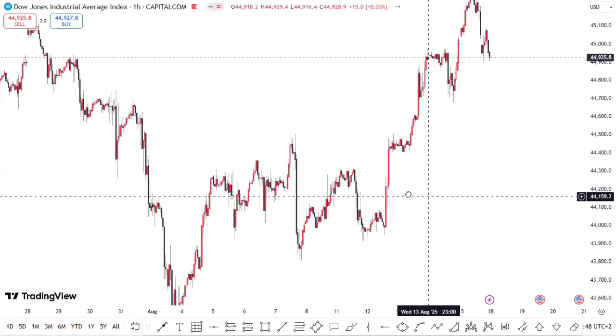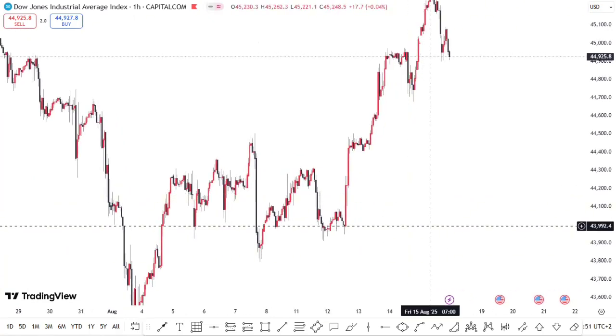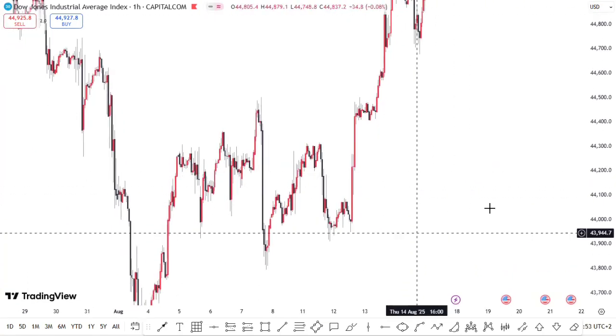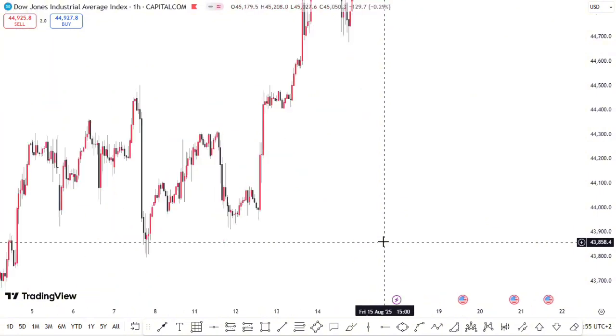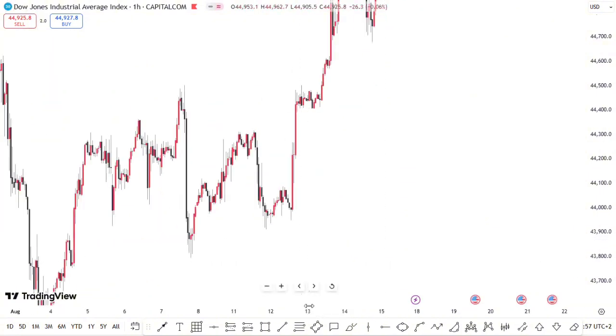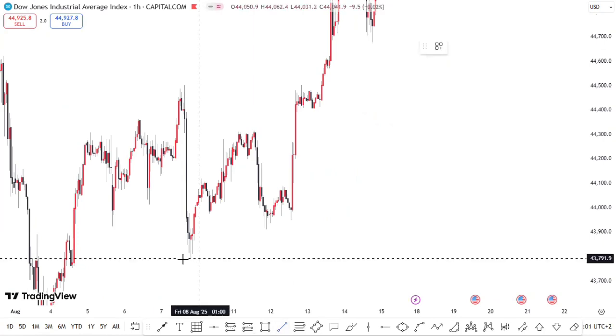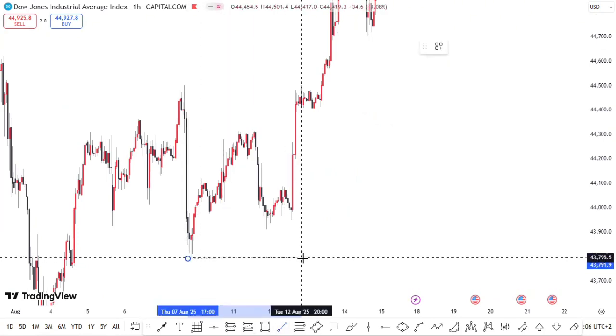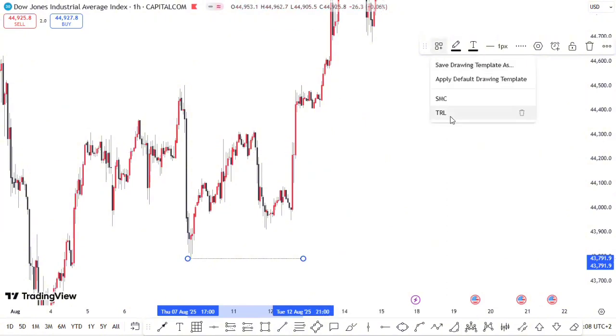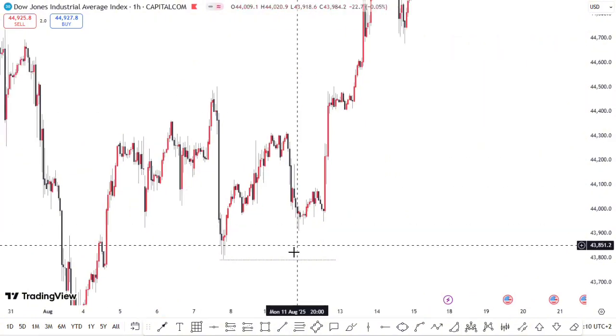So I think you guys already know what I'm going to do. I'm going to take my trend line. Name it as a break of structure. Copy.